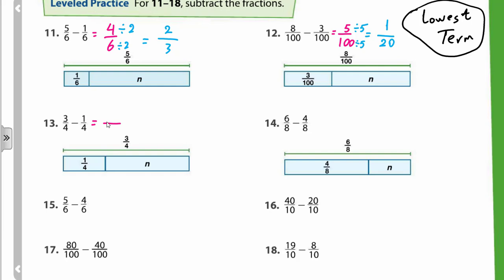Riyadh. Yeah, go ahead. 3 minus 1 equals 2 over 4. And the lowest term.